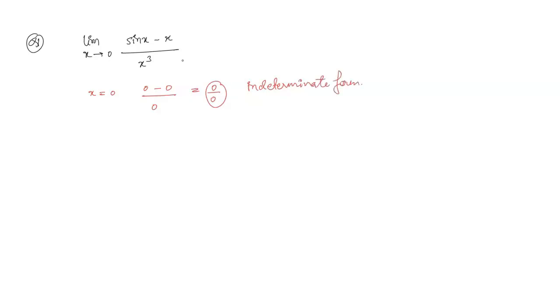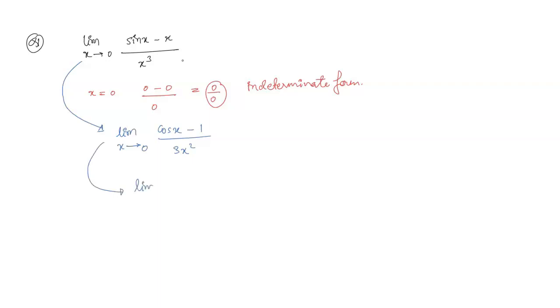To solve this limit when an indeterminate form is occurring, we can use numerous methods, one of which is L'Hospital's rule. So here we can differentiate sin x, it will become cos x minus the differentiation of x, which is 1, and in the denominator it will become x square. Again if we put in directly, it will become 0 by 0. Why? Because cos 0 is 1, 1 minus 1 is 0, and in the denominator also it will become 0. That means one more time you have to differentiate.